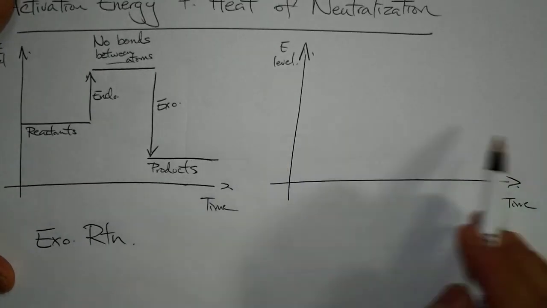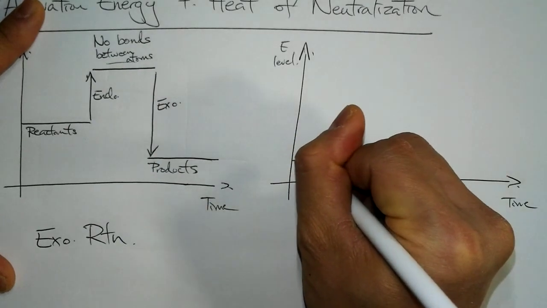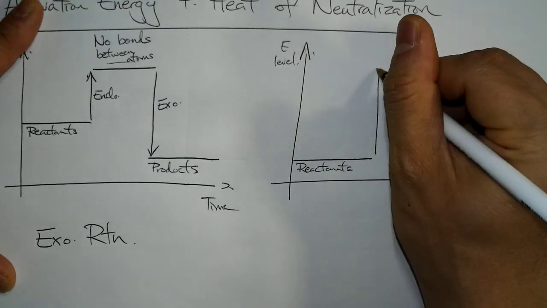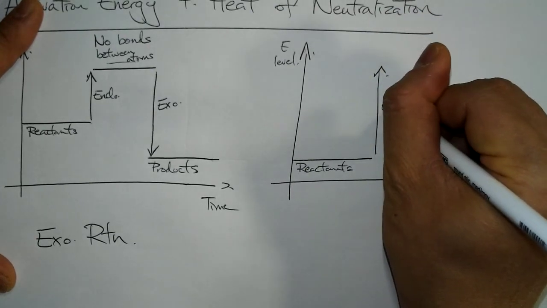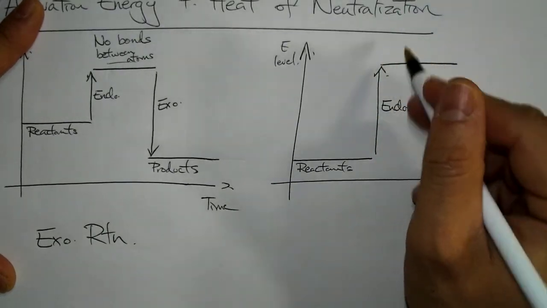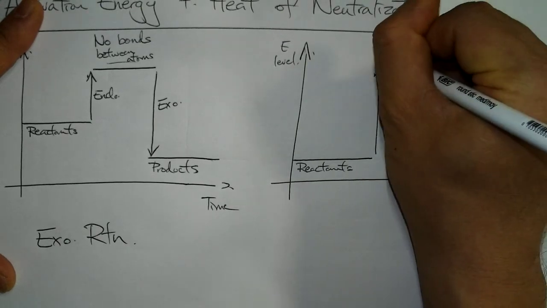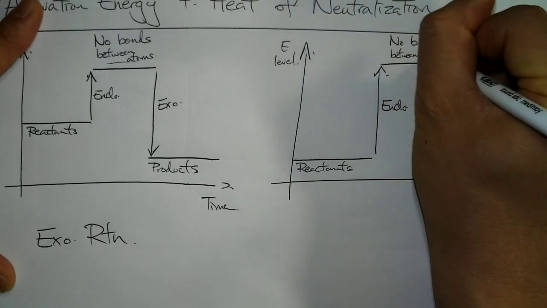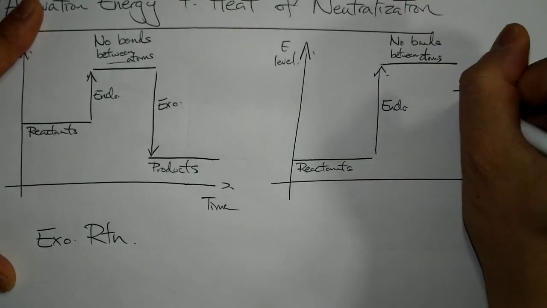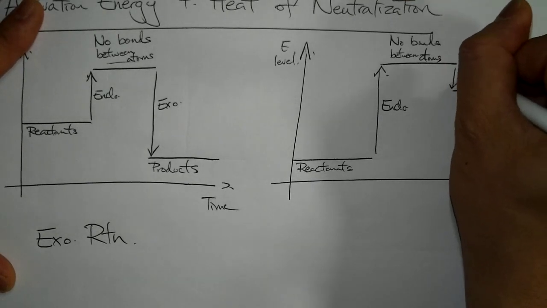Whereas on the other side, let's just say you start off pretty low, your reactants have pretty low energy levels, and you have to put in a lot of energy to break up all these bonds. So you have a lot of endothermic part to break up all these bonds, atoms, and then when it forms new bonds to make products, it only releases a little bit of energy.